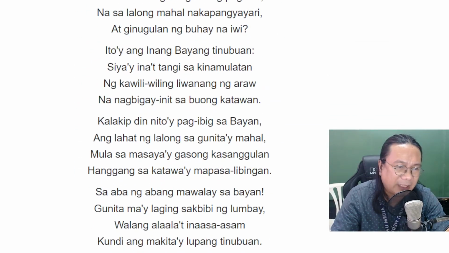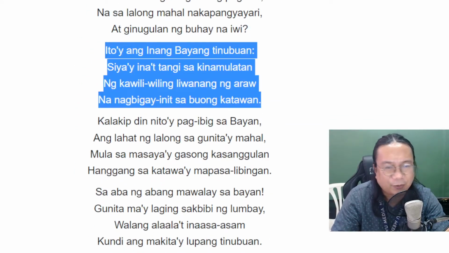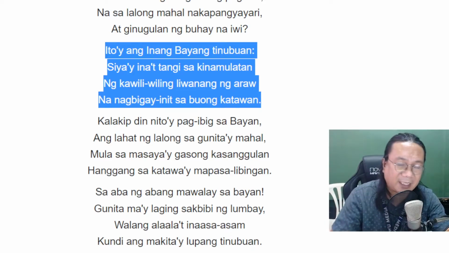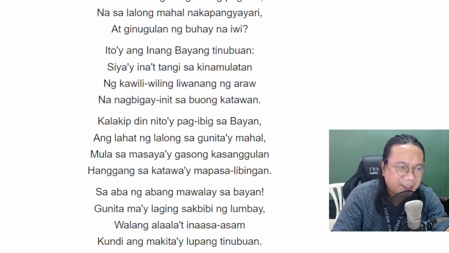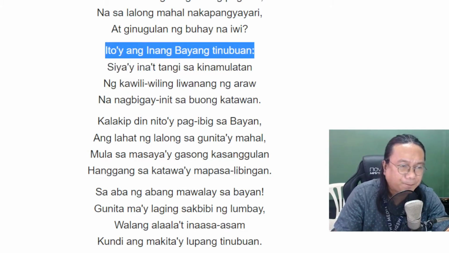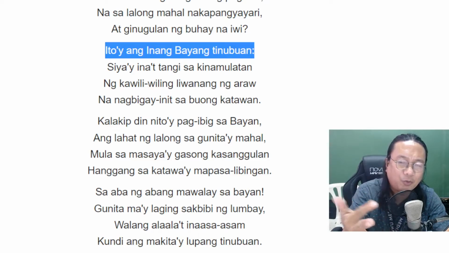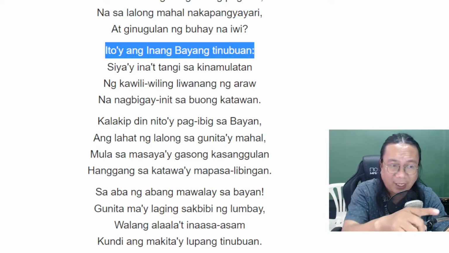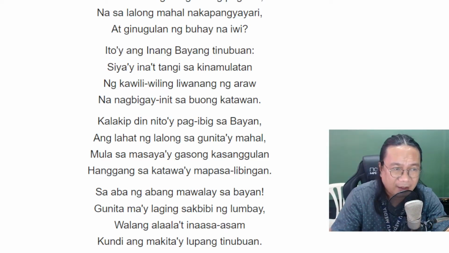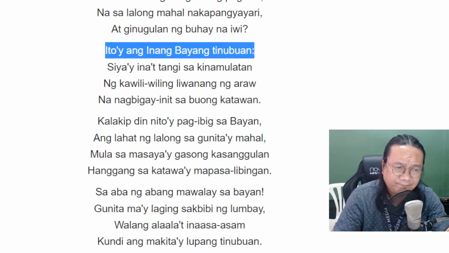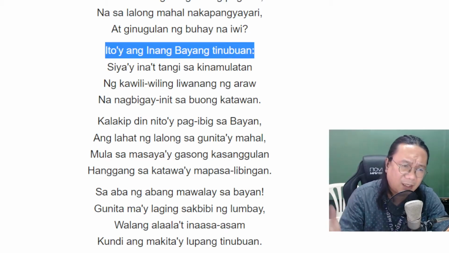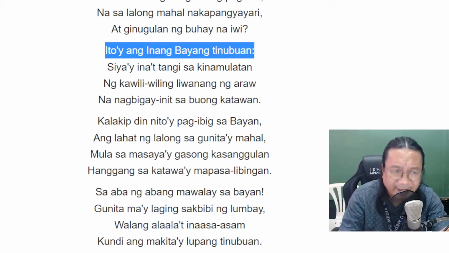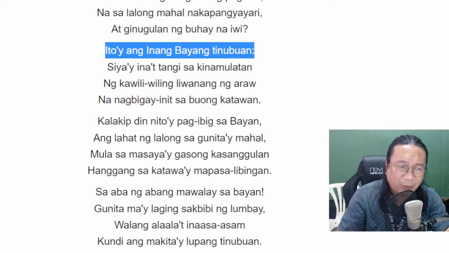So let's try to analyze somewhere dito sa gitna natin kung ganun din ba ang rhyme scheme na ginagamit, or ganun din ba ang metric na ginagamit ni Andres Bonifacio. Ito'y ang inang bayang tinubuan. Ito ay, so that's maybe 2 syllables, or it can be 3 syllables para sumakto dun sa 12 na ginagawa niya.